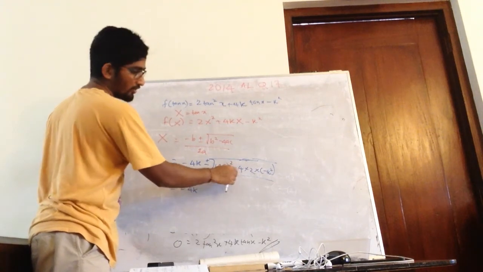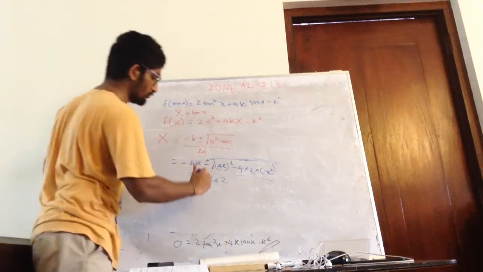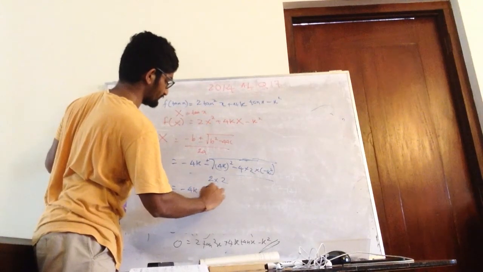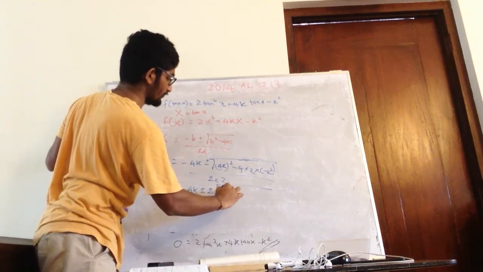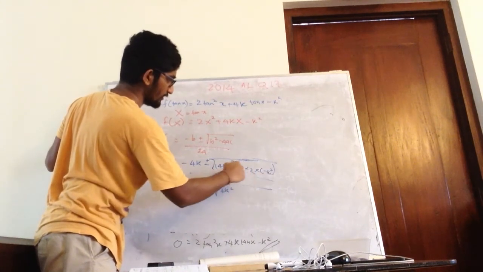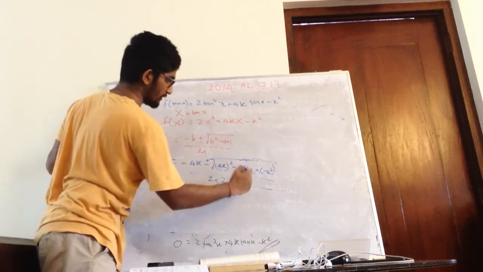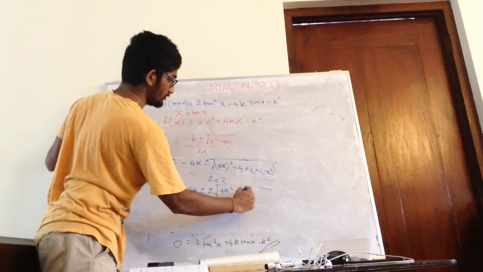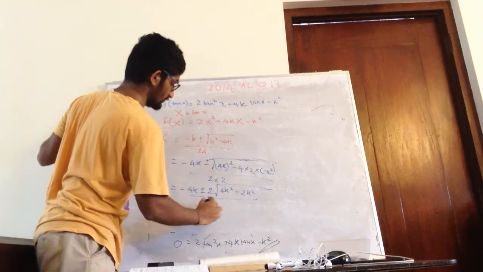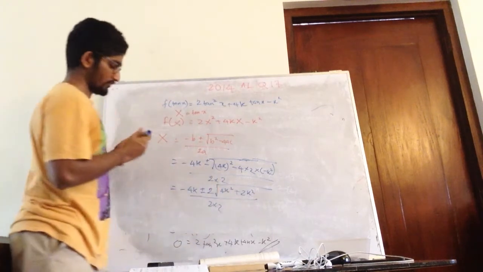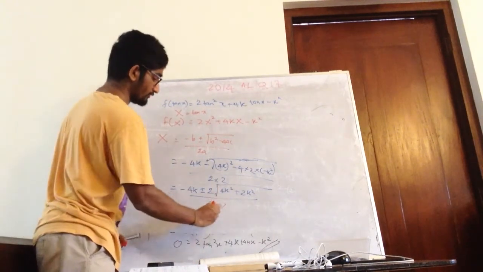Then I'm going to take something out. So the 4 is common, no? 4 is 2 squared, so I'm going to take 2 out. That is 4k squared. This 4 is taken out. So minus into minus is plus 2k squared over 2 into 2. So now I'm going to cancel one of the 2s off.